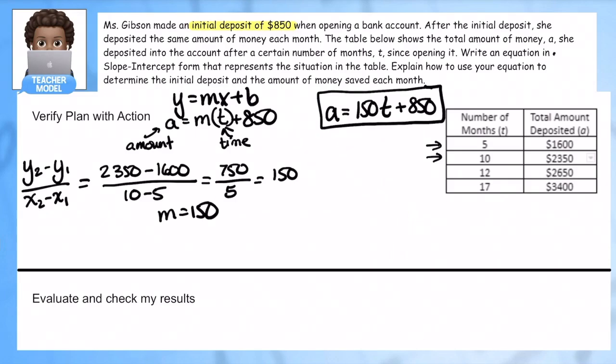So we've done the first part. We represented the equation. Now we have to explain how to use the equation.